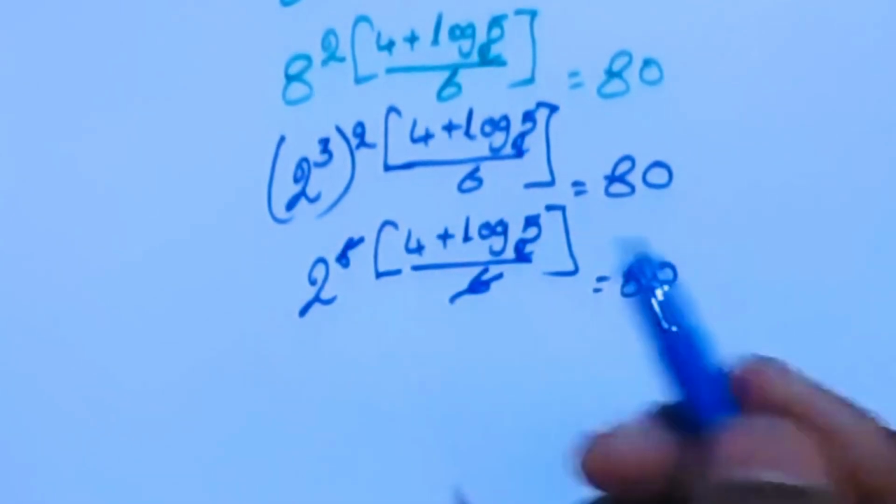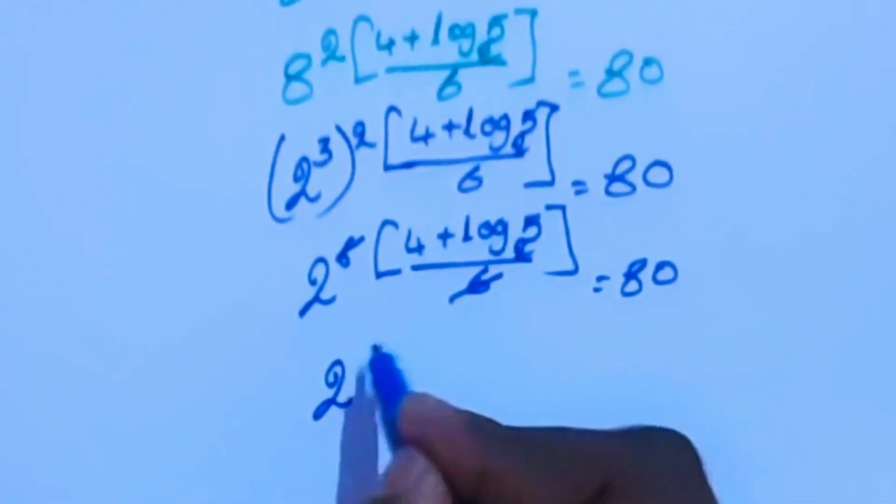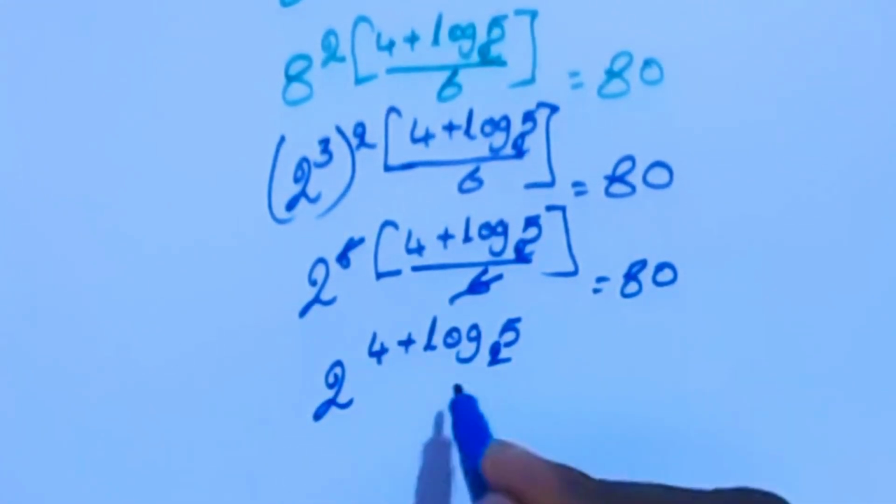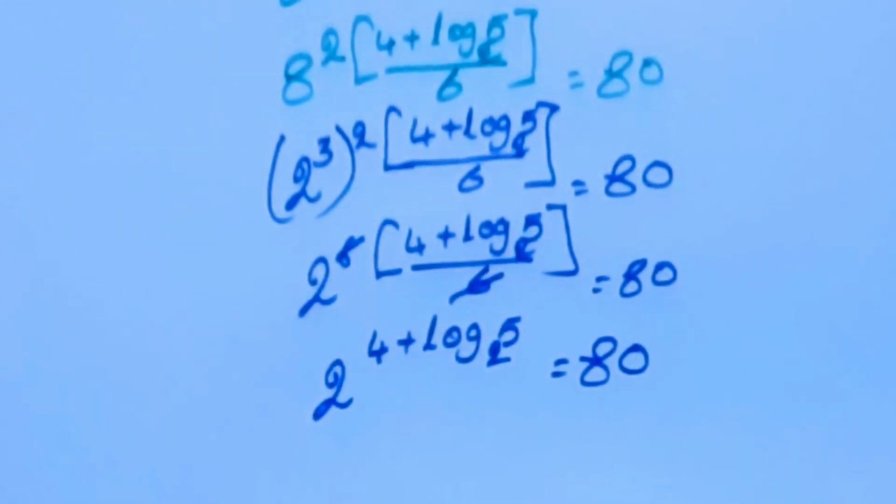Now this 6 cancels each other. We have 2^(4 plus log 5 base 2) equals 80.